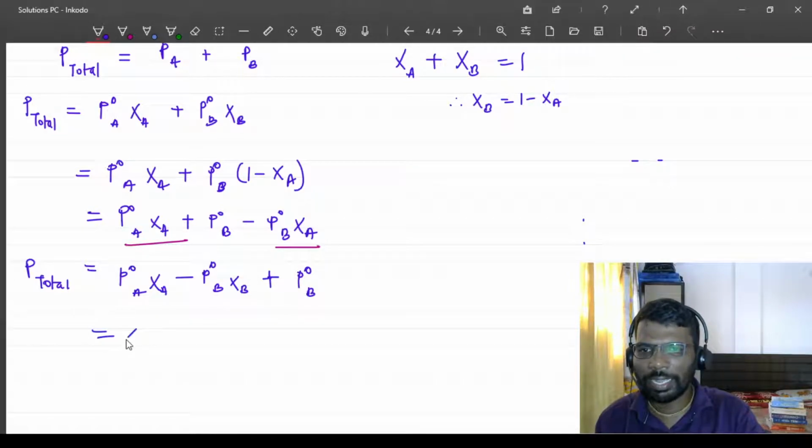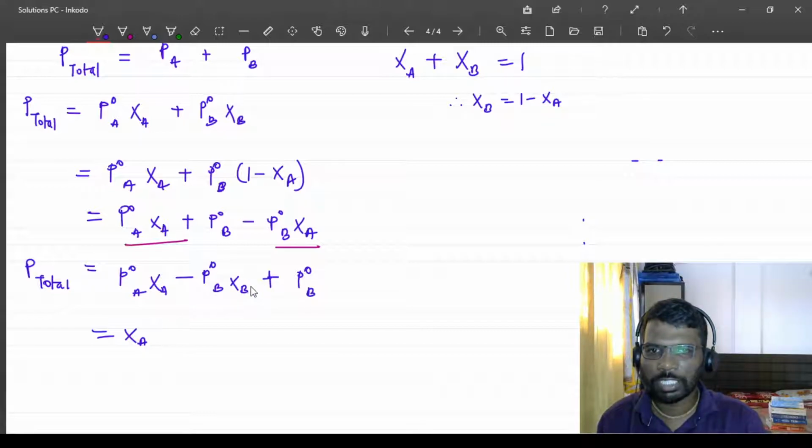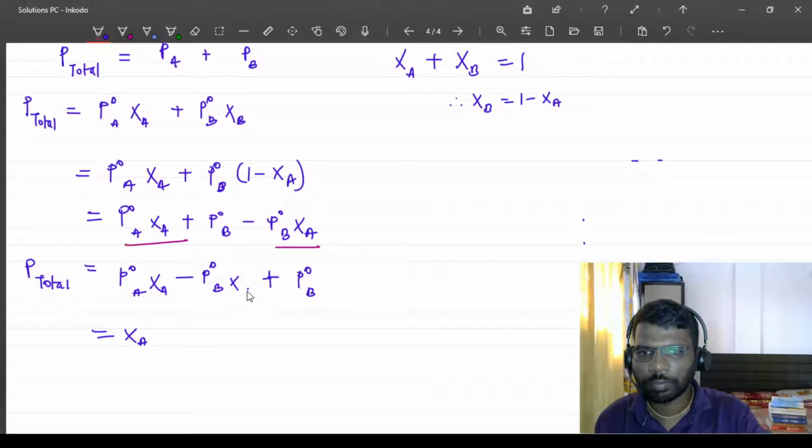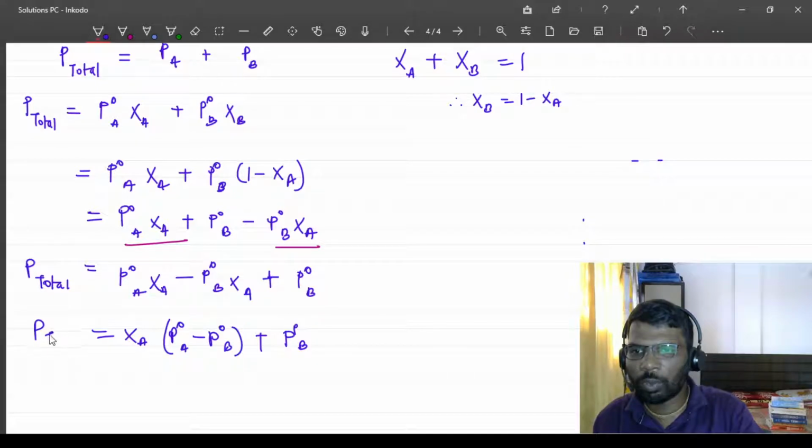So here I can take mole fraction of A to be common. This is xA, and I can write inside the bracket P naught A minus P naught B, plus P naught B. Now this is the P total, my formula. Okay, this is the formula.